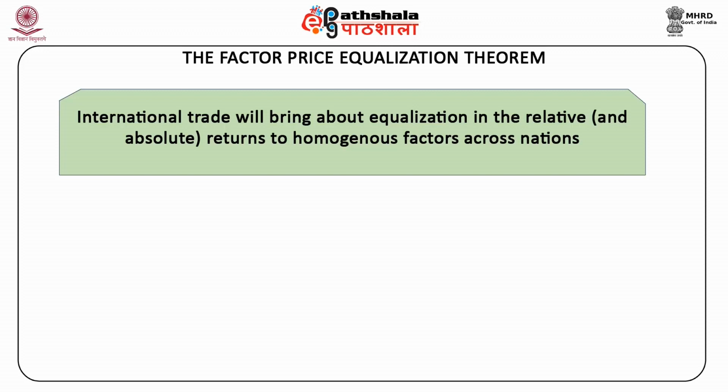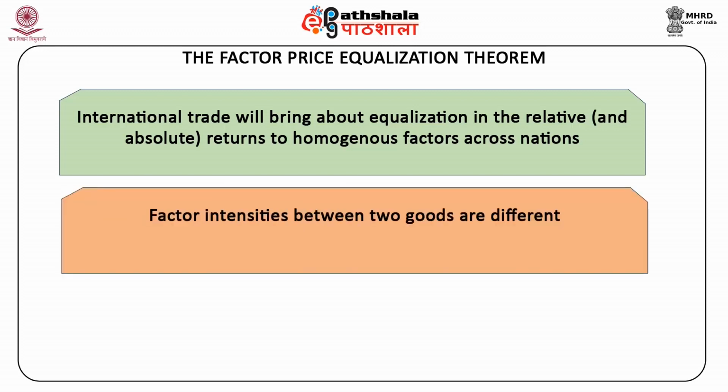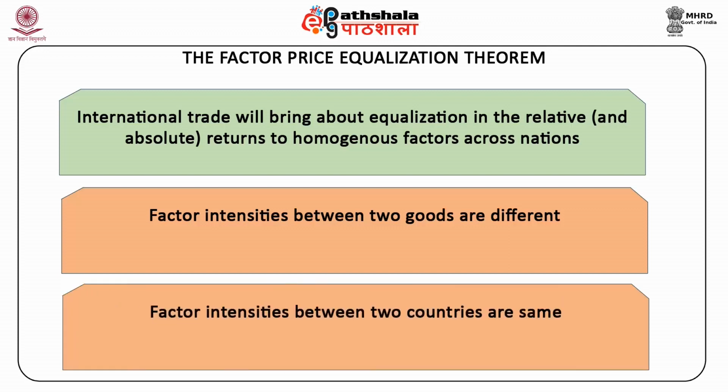In other words, factor intensities between two goods are different. That is, one good is labor intensive and the other good is capital intensive, and the factor intensities between two countries are the same. That is, one good is labor intensive in both countries and the other good is capital intensive in both countries.